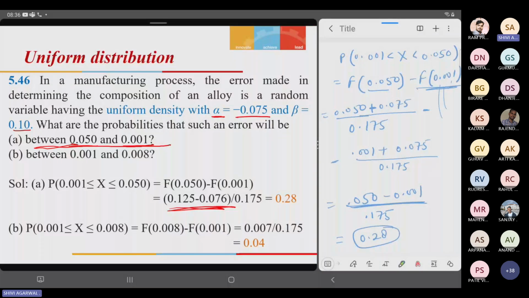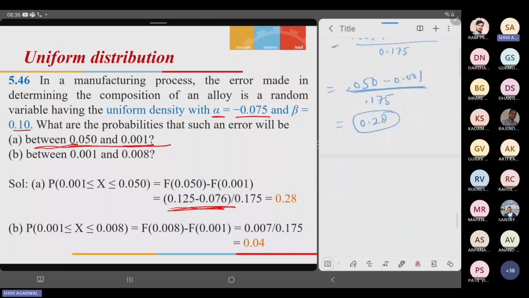Similarly, you can calculate the second one, the probability when x is between 0.001 to 0.008. By CDF we can use it directly, because we know the direct formula for CDF and it is very easy to calculate.